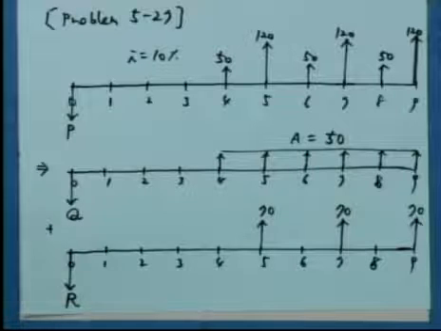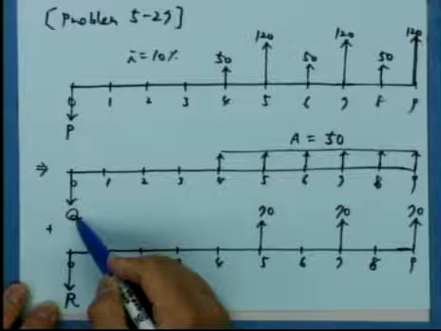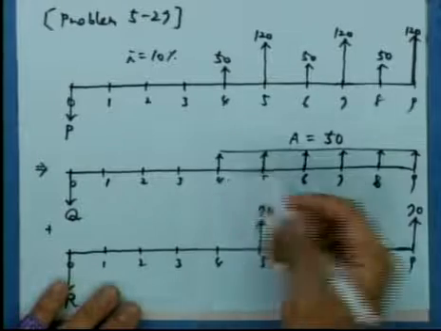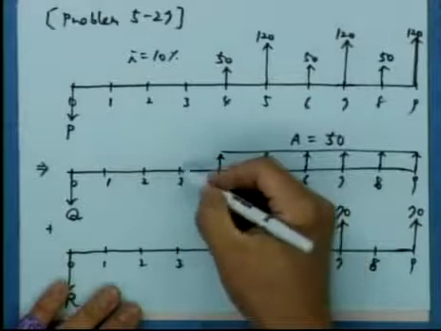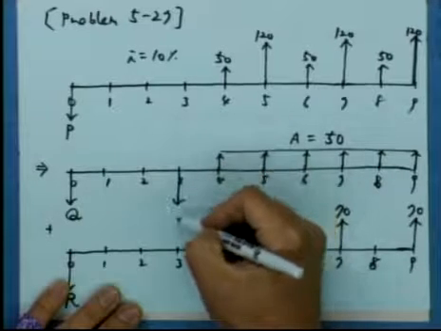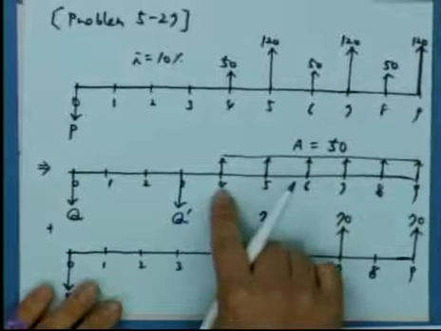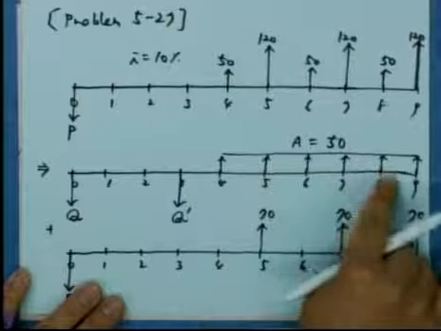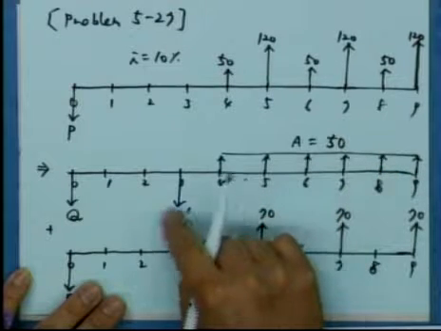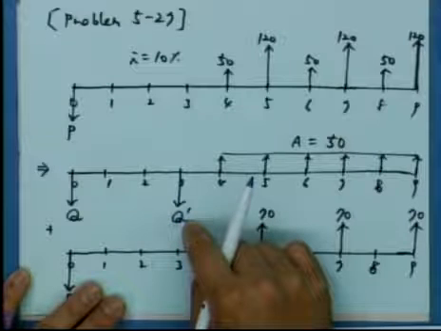Okay, here. Then how do you get Q first? So if you set Q prime at the end of period 3, then a uniform series of $50 can be converted to an equivalent present sum of Q prime here by using the uniform series present worth formula.